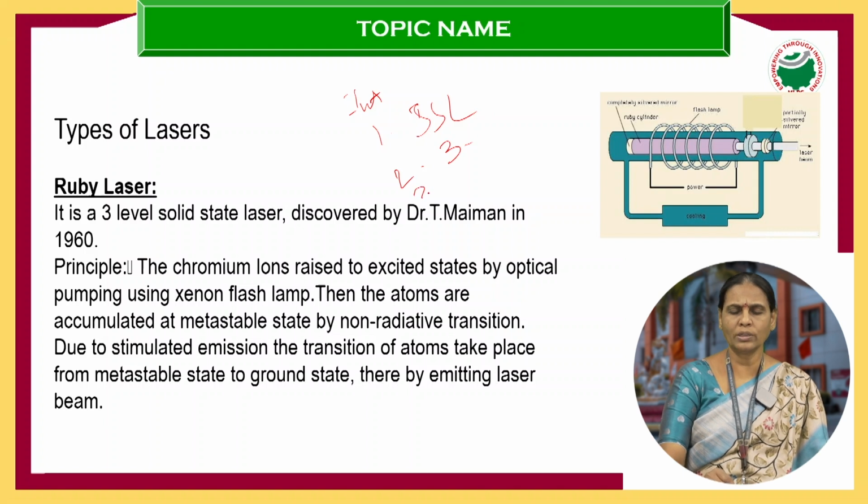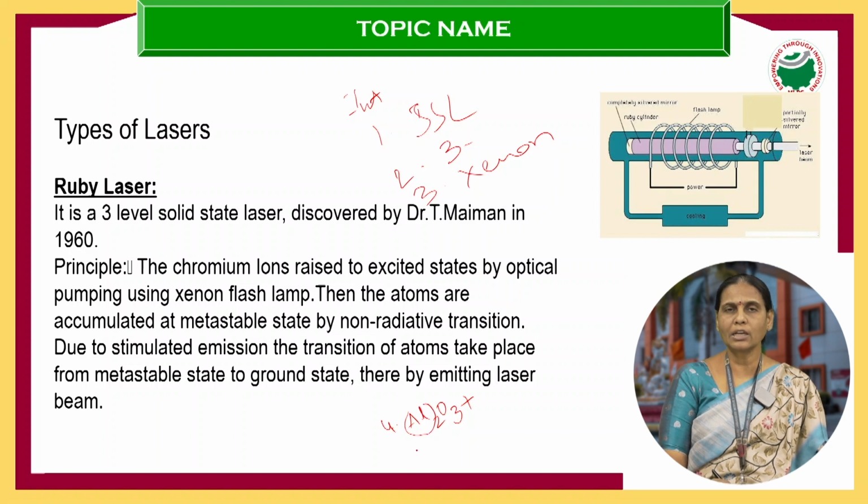Third thing is, what is the source of energy, that is, the light source it is utilizing? Here the light source is a xenon flash lamp, acting as the source of light. Fourth, what is the active center? This is prepared basically by using Al2O3, aluminum oxide, and some of the aluminum atoms are replaced.